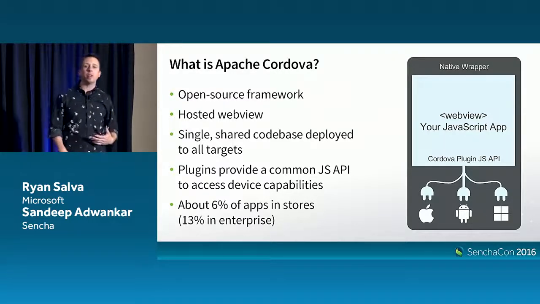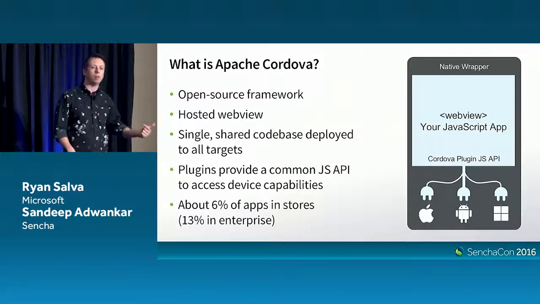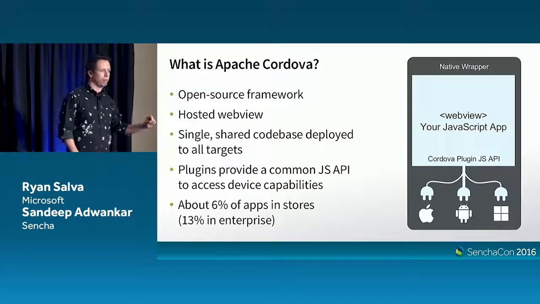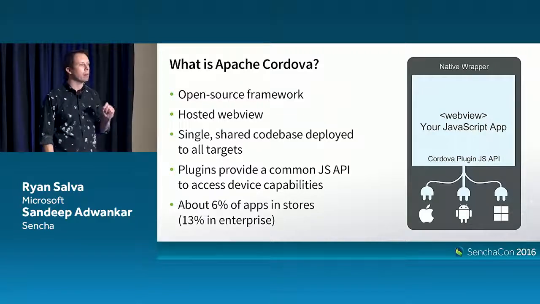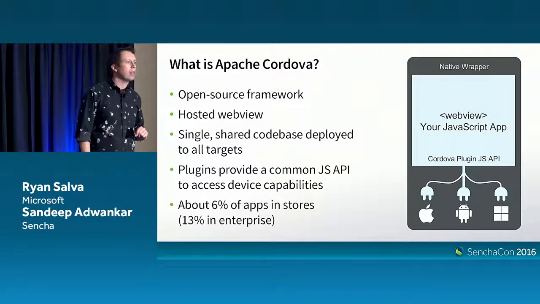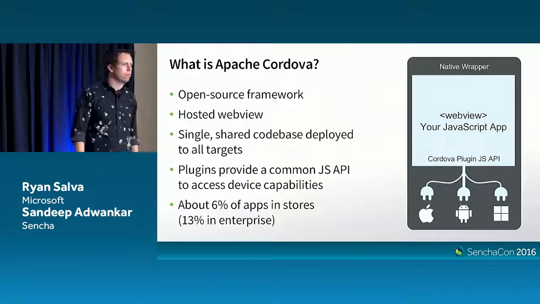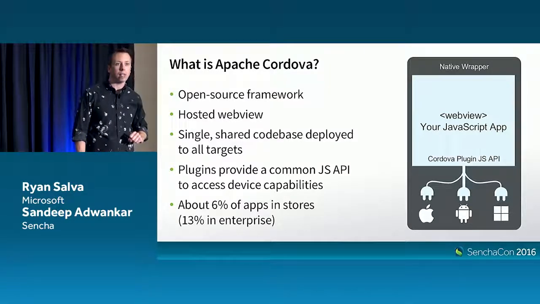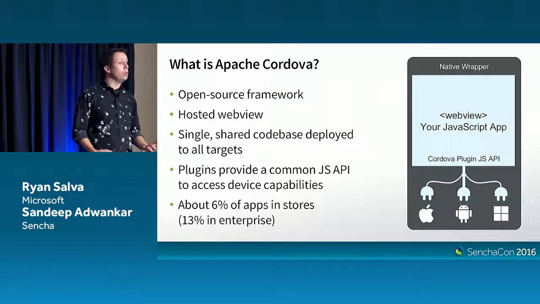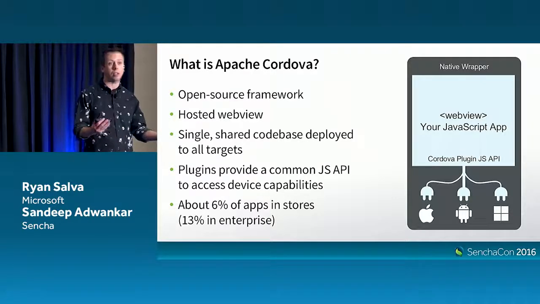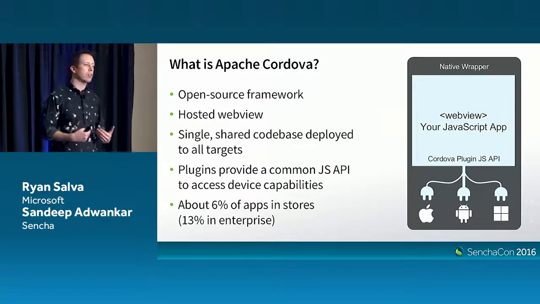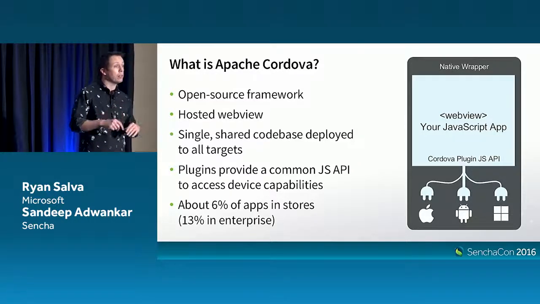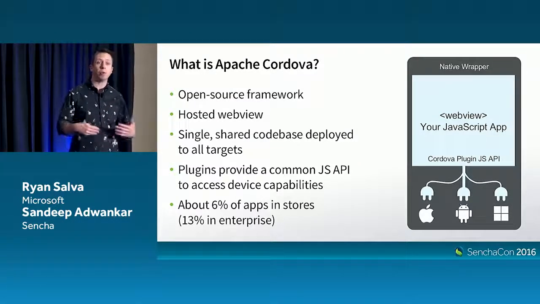Plugins essentially expose the native device APIs to your web view via a common JavaScript API. And let's stop and think about what I mean by a common JavaScript API. That means that instead of having to write 20 lines of code to access the camera on iOS, and then a slightly different set of lines to access the camera on Android, like you would have to do if you were building a separate app for iOS and Android using Swift or Objective-C and Java, instead, you have a common JavaScript API that exposes and normalizes or abstracts away the differences between the platforms.